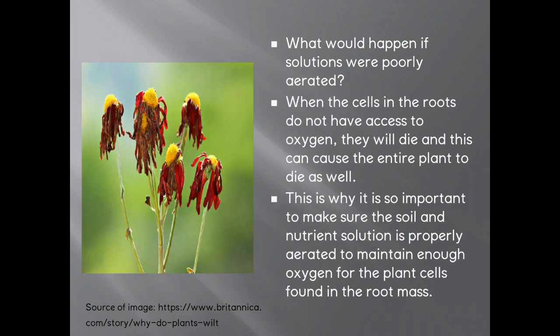When the roots do not have access to oxygen, the main reason is that if there is no proper aeration, the oxygen will not reach the roots, and if the oxygen is not accessible to the roots, they will die, and in response the plant will also die. This is why it is so important to make sure that the soil and the nutrient solution are properly aerated to maintain enough oxygen for the plant cells found in the root mass.